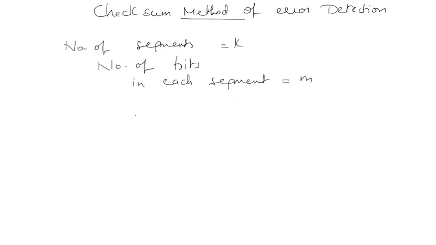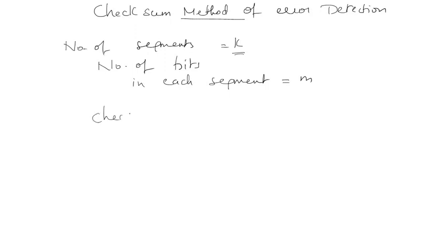Now at the sender, suppose we have k number of segments. At the sending end, the k segments are added using the ones complement arithmetic method to get the sum. Then after summing up all the segments, the sum is complemented to get the checksum.